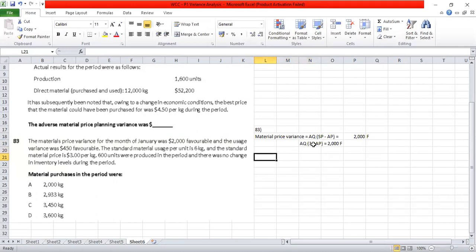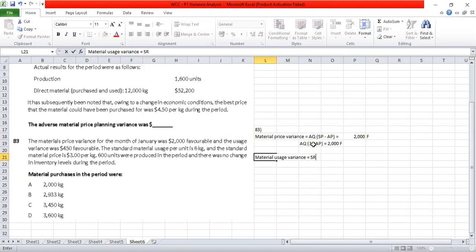The next variance is usage variance. Material usage variance, the formula is the difference in the quantities consumed, that is the standard quantity minus actual quantity applied at the standard rate.